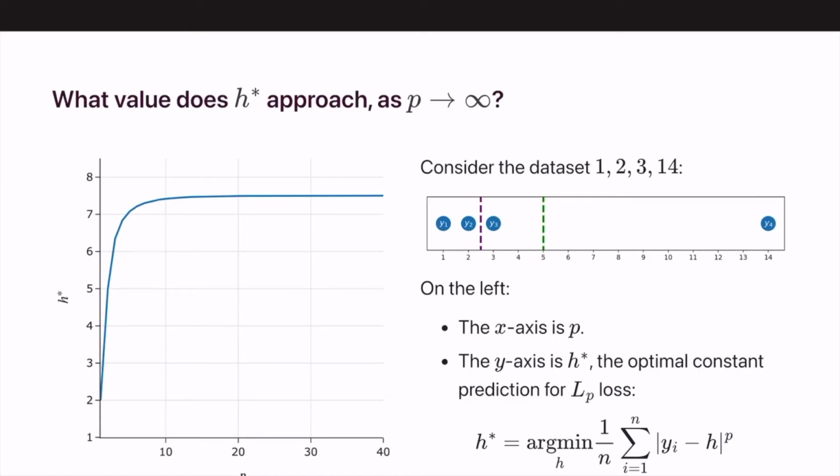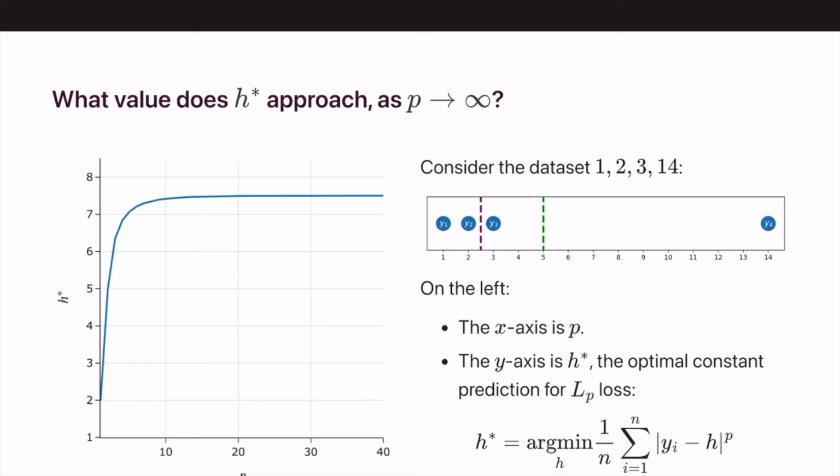So what's happening, and this is from an intuition point of view, is as we increase p from 1 to 2, so from mean absolute error to mean squared error, there's this rightward shift in what H star should be.